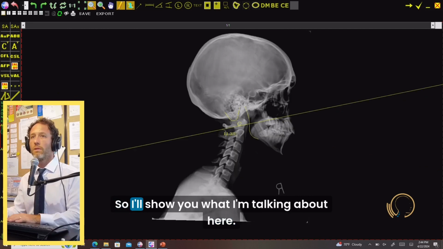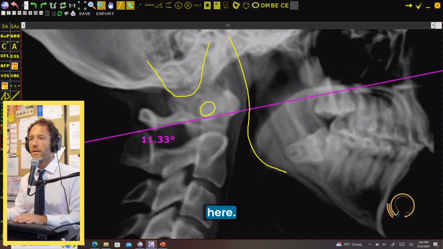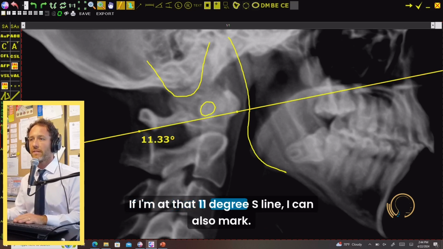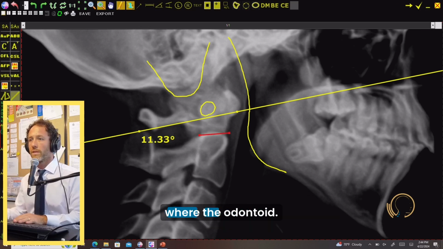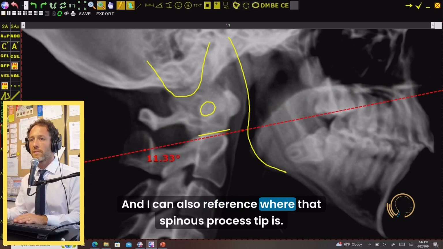I'll show you what I'm talking about here. You have several very interesting relationships. If I'm at that 11-degree S line, I can also mark where the odontoid meets the body, and I can also reference where that spinous process tip is.